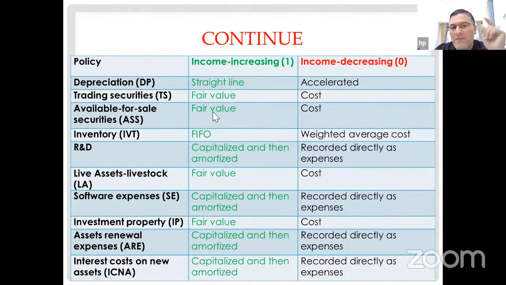While if they choose the cost method, as you know, it will lead to decrease the net income of the company, and so on for all the transactions that companies need in order to prepare their financial statements.